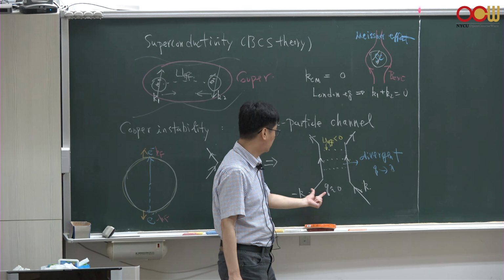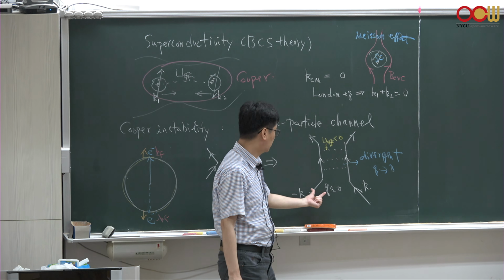The most singular part of this diagram comes from the limit when q is really small. It means that there are almost exactly two sides of the Fermi surface carrying exactly plus and minus kF, with almost no momentum transfer, and the temperature is low enough. In such a case these two electrons form Cooper pairs, and as a result this diagram diverges.